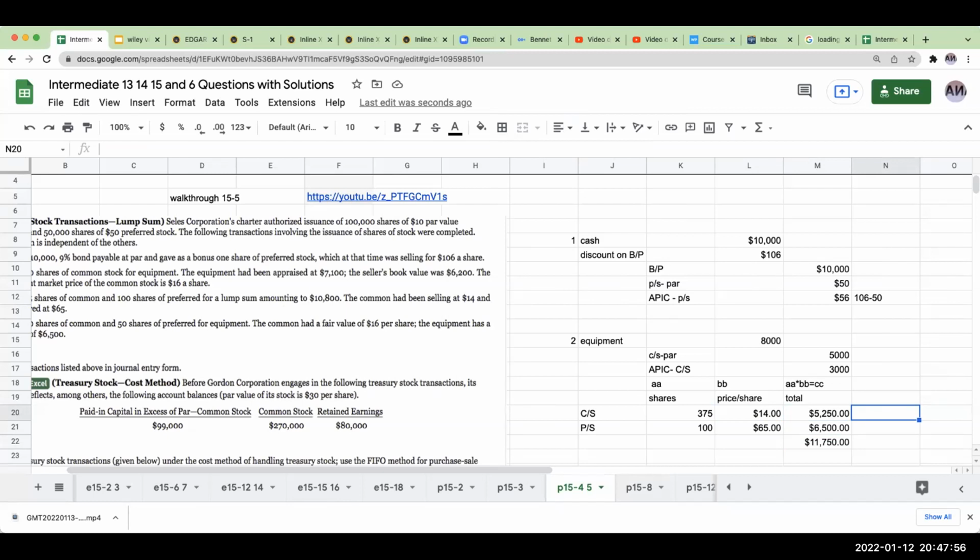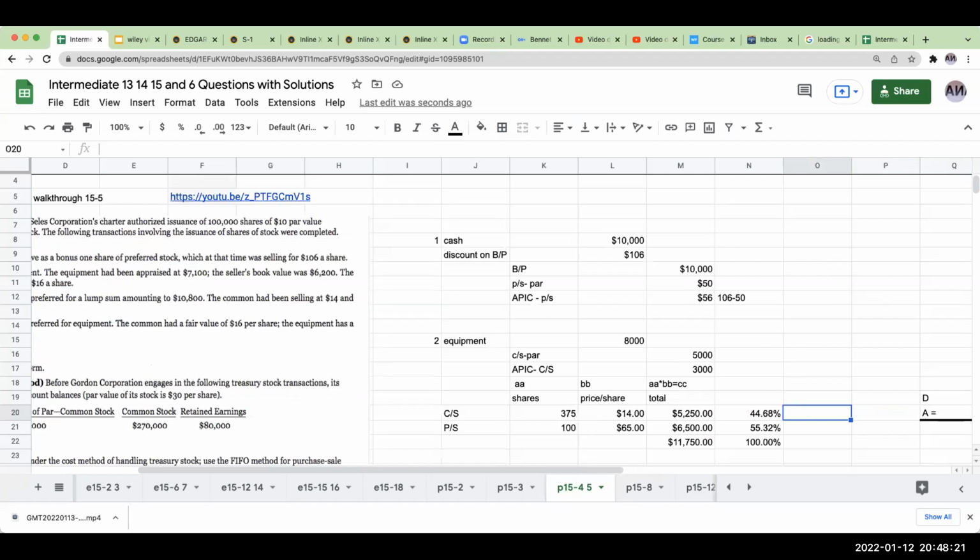The amount that the common stock represents of this total market value is going to be 5,250 divided by 11,750. This is going to be 55%, and the two together equal 100%. So I first do each as a percentage. Then I'm going to take the new price.